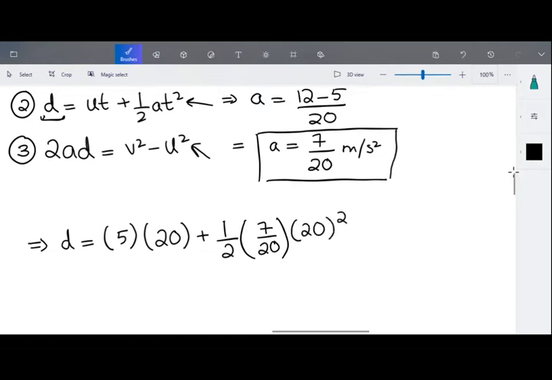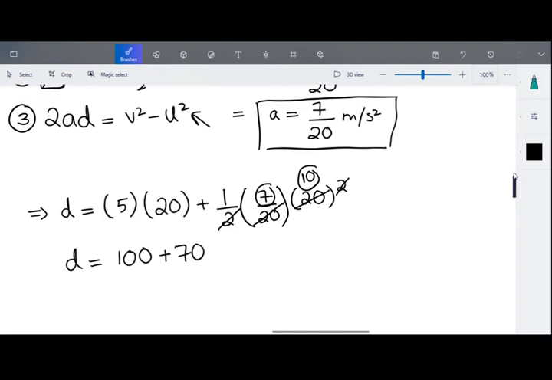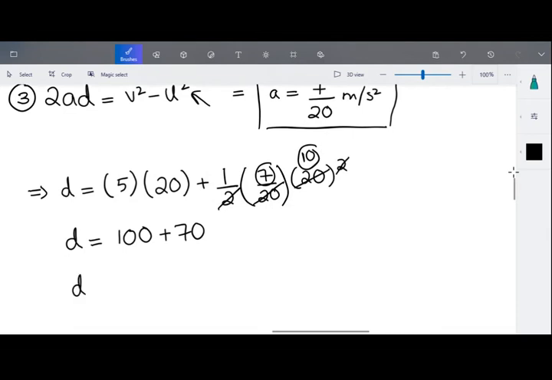So we can actually just cancel out one of these 20s with the square and simplify the 20 with the 2 and get a 10 over here. So what we really need to do is 5 times 20, which gives us 100, and add to that 7 times 10, which is just 70. So if we just add them up, we get 170, which is our answer.